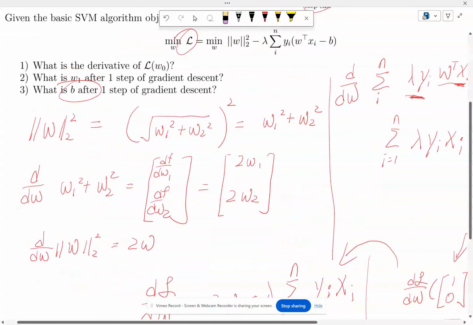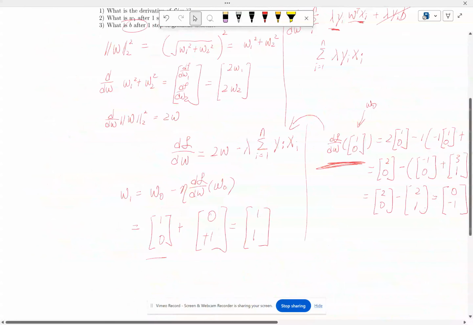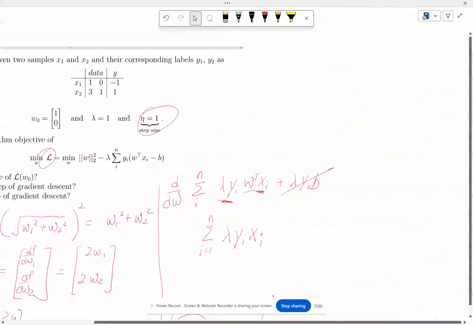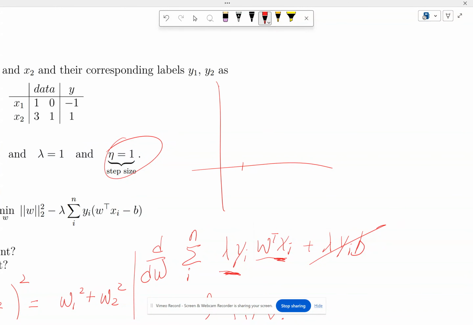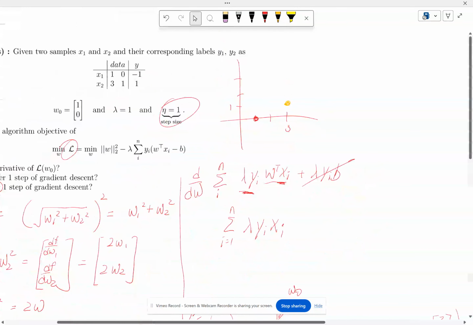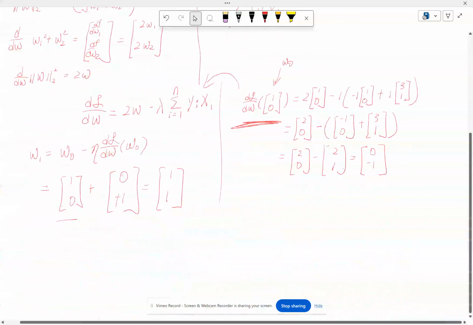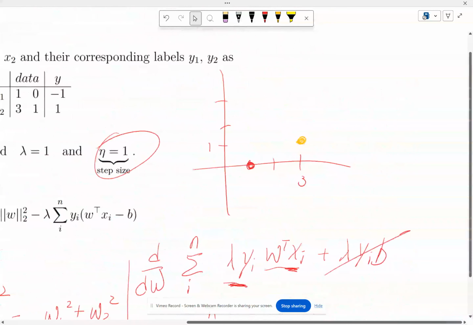So how do you find B? Well, that requires a little bit of drawing. Right now we have 2 points: 1, 0 and 3, 1. These are the two classes, red and orange. What it is telling you is that after one step, you want to project onto 1, 1.